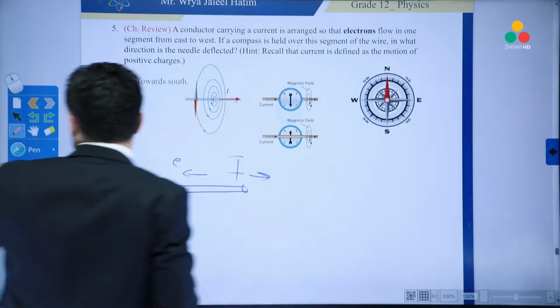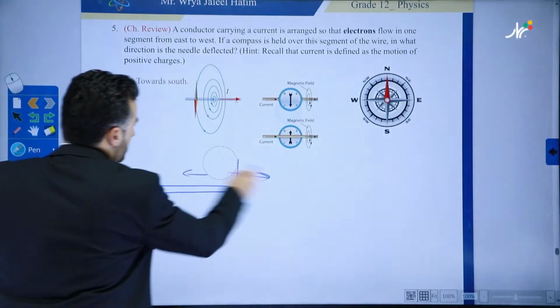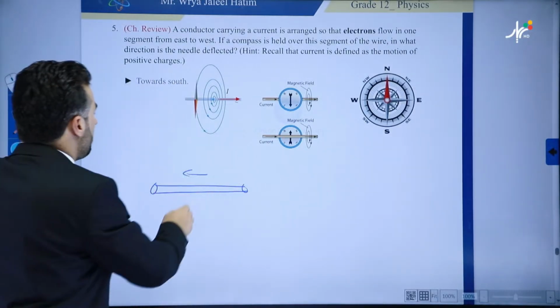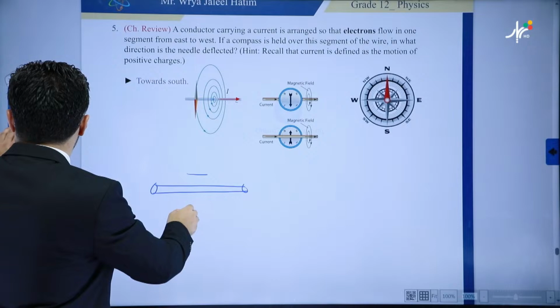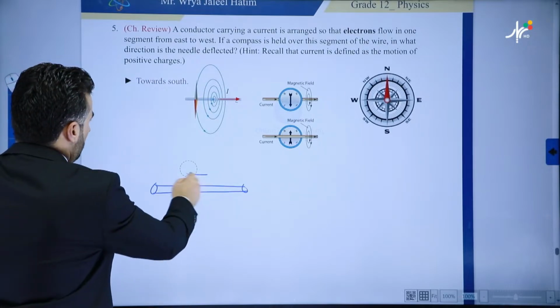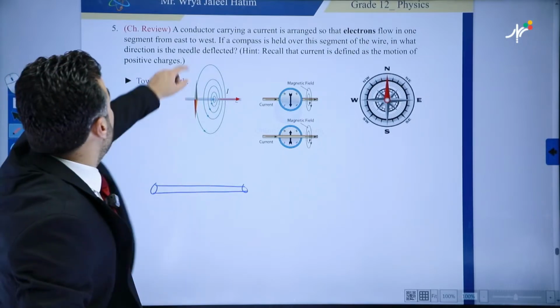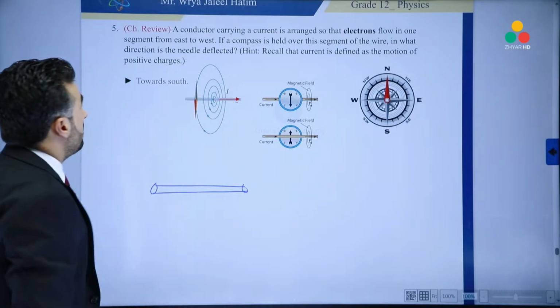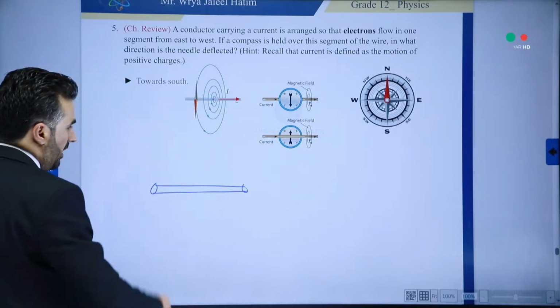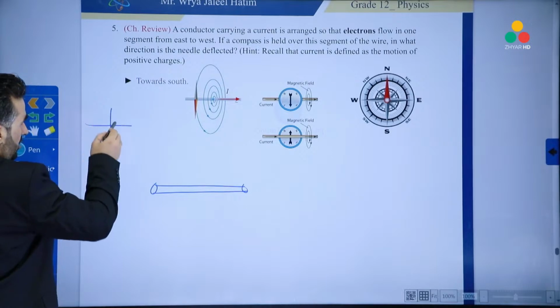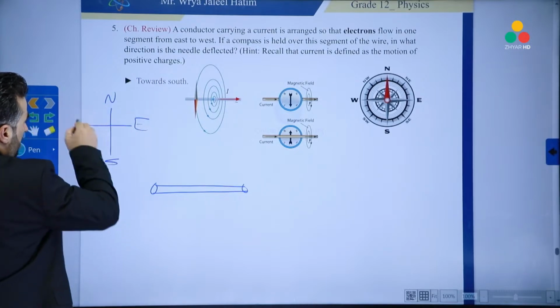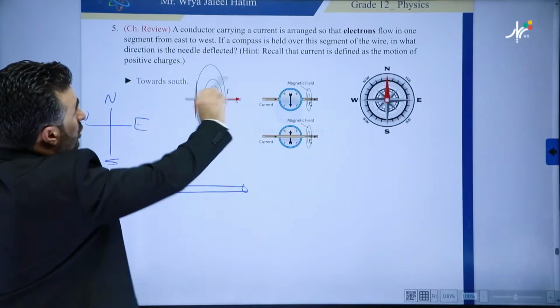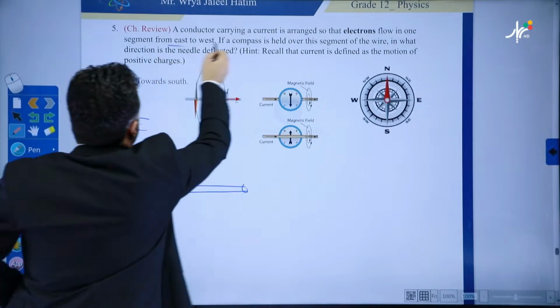So what is the direction that is given here? It tells you that the electrons are flowing from where? It says electrons flow in one segment from east to west. Remember, if this is the direction of north, south, east, and west, electrons are flowing from east to west.